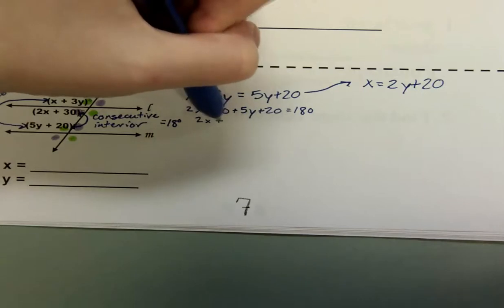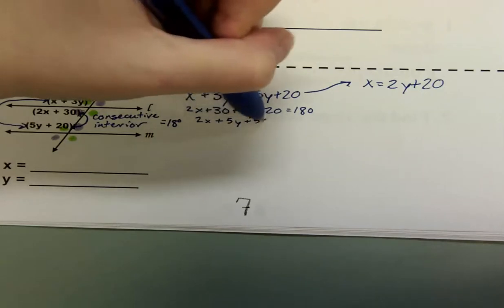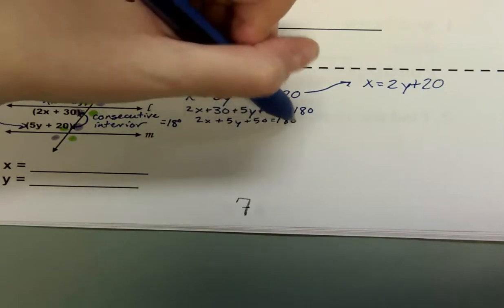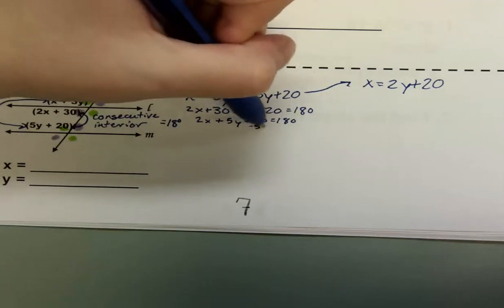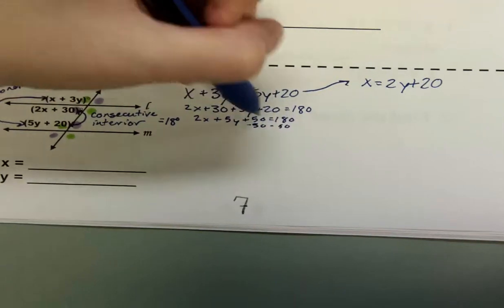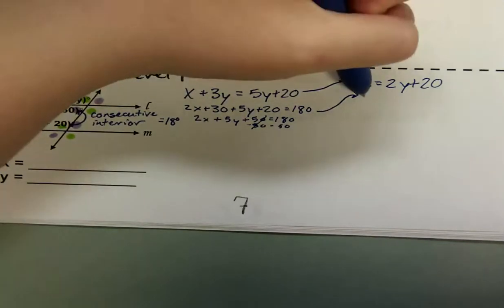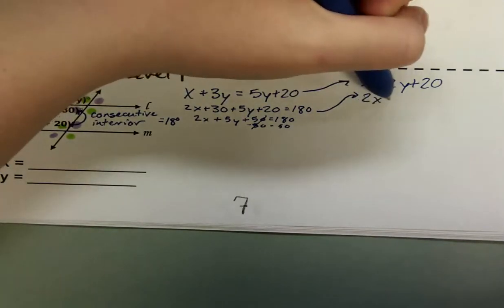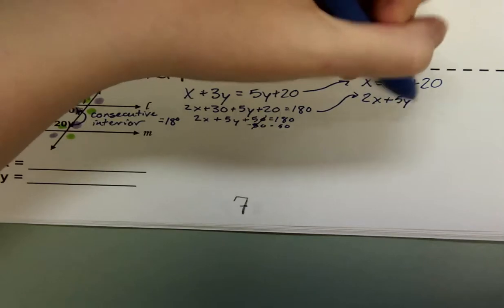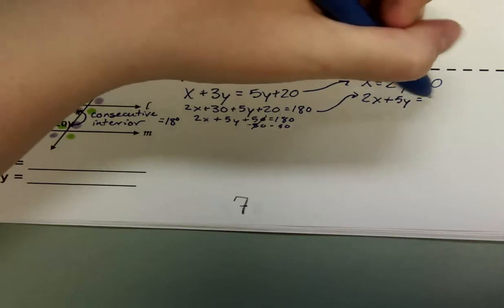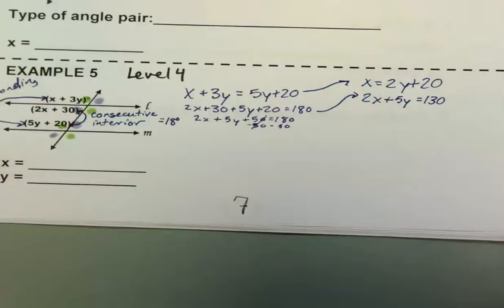So 2x plus 5y plus 50 equals 180. And then I'm going to subtract 50 on both sides, and we're going to end up putting that up here. 2x plus 5y equals 130.